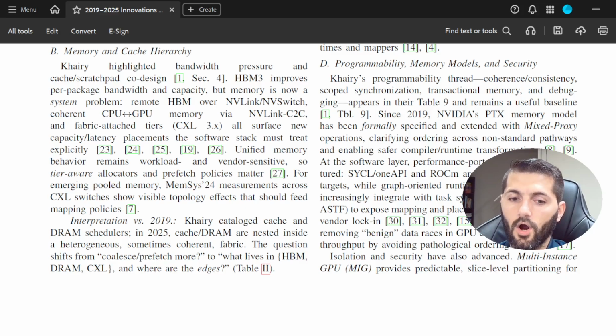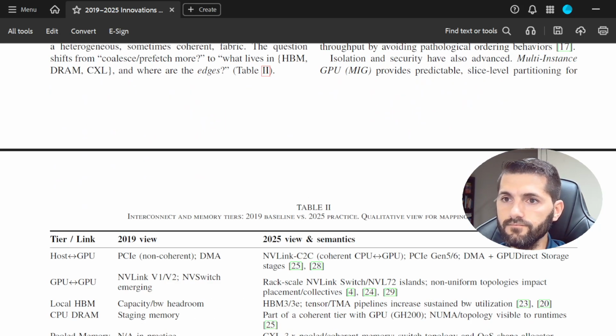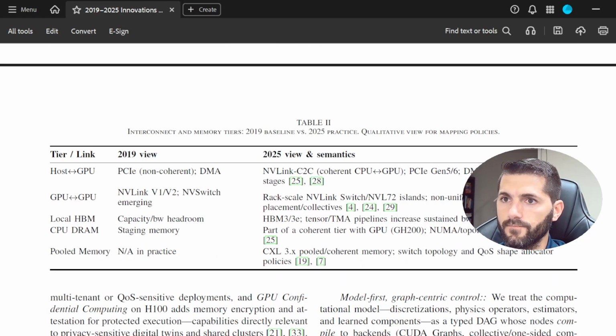Multi-Instance GPU is a hardware positioning that slices a GPU into isolated instances for predictable multi-tenant sharing and quality of service. And so that's kind of started. GPU confidential computing on an H100 adds memory encryption and attestation for protected execution.